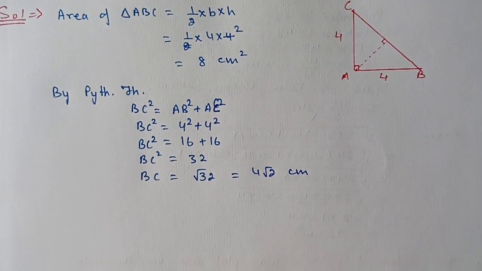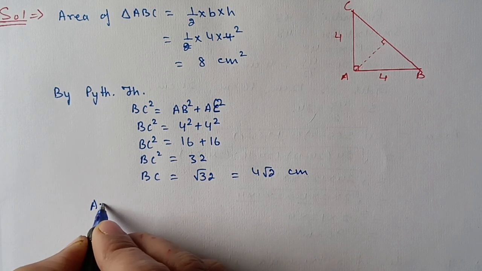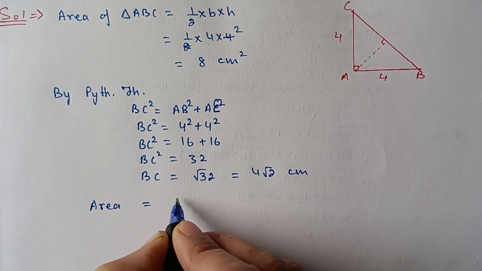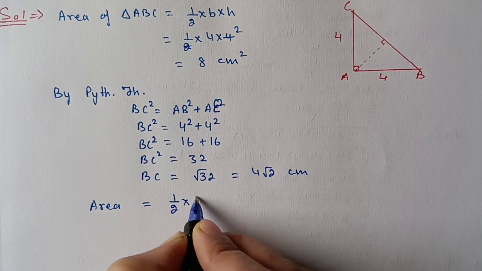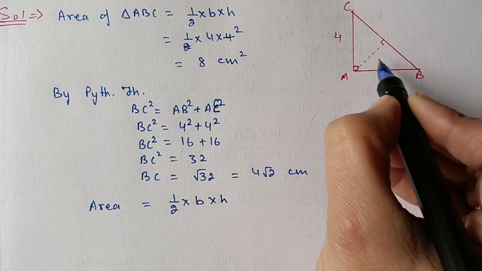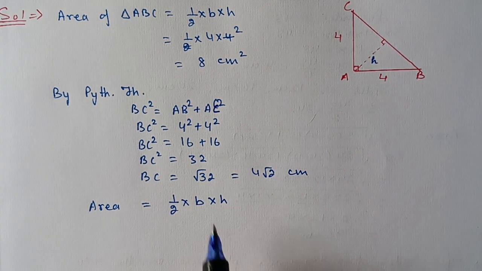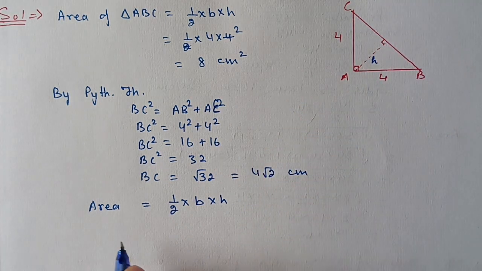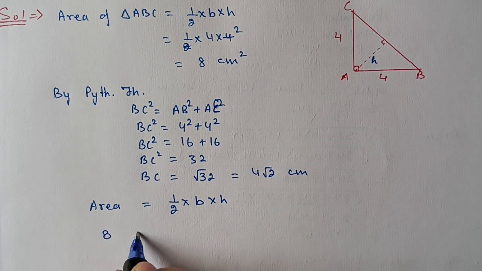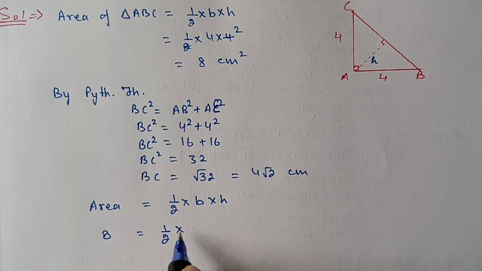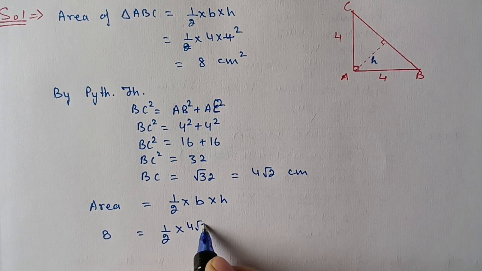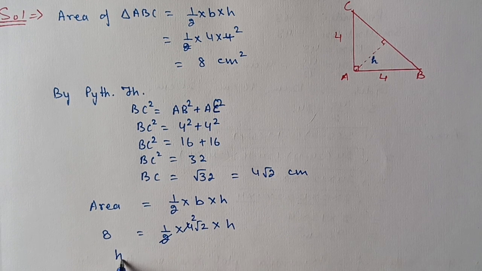Now again we will use the area formula to find the perpendicular. Area is equal to half base into height. Now this height we are taking, and the base we are taking as BC. So the area we have already calculated is 8. This is equal to half, and base is 4 root 2, into height. The 2 you can cancel out. So height will be 8 by 2 root 2.